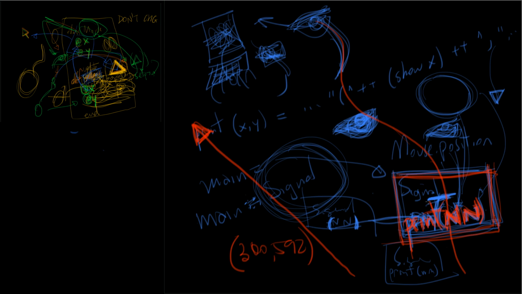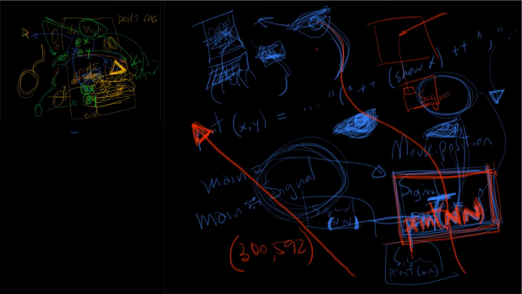Okay. So this is how we solve the mouse problem, or in our case, because we want to be functional, this is how we solve the tablet problem. We model the port as a signal, right?